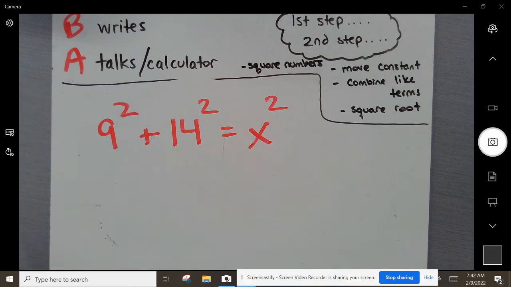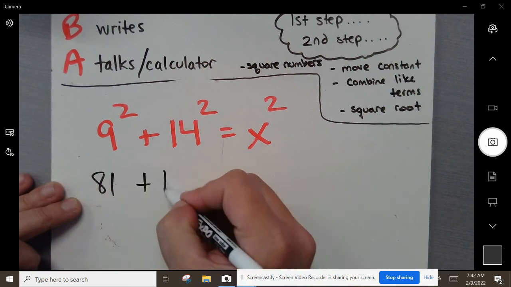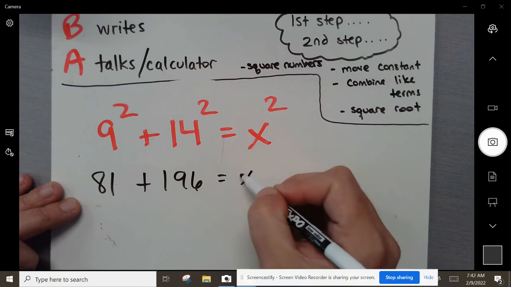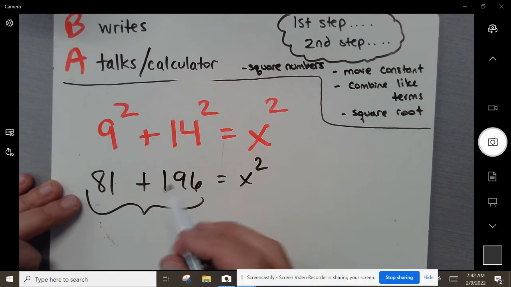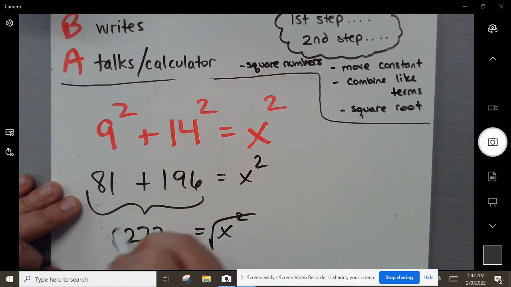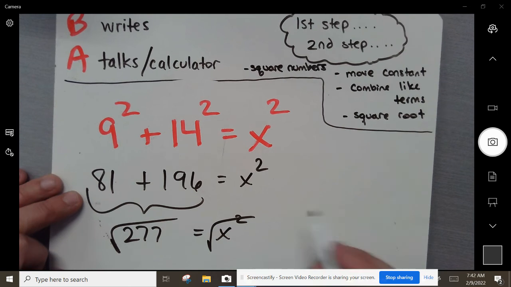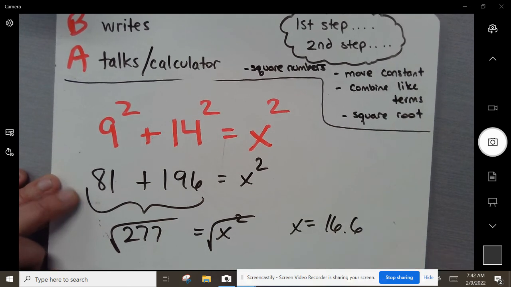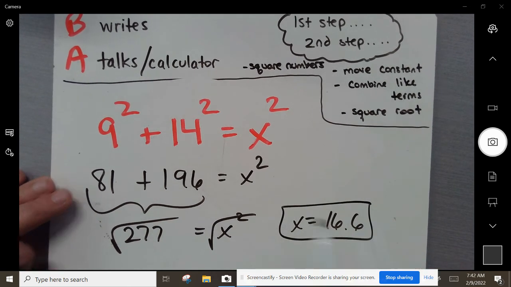All right, go for it. I get 81 plus 196 equals x squared. I combine like terms. I'm going to get 277 equals x squared. I'm going to square root both sides. Okay, I'm going to get 16.664, but we're going to use 16.6.